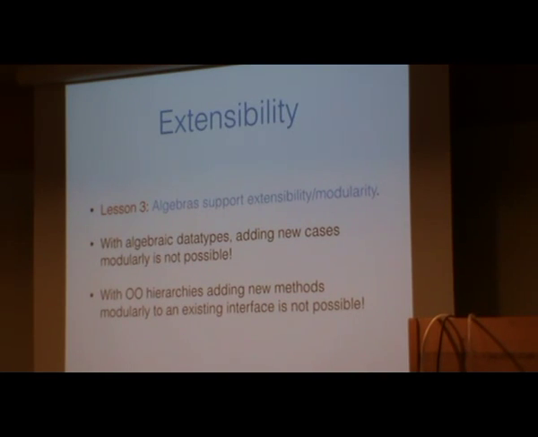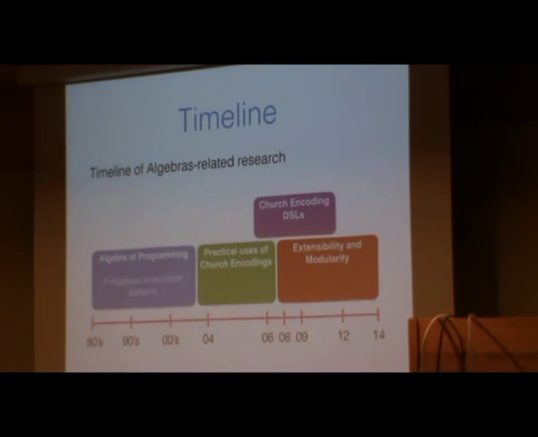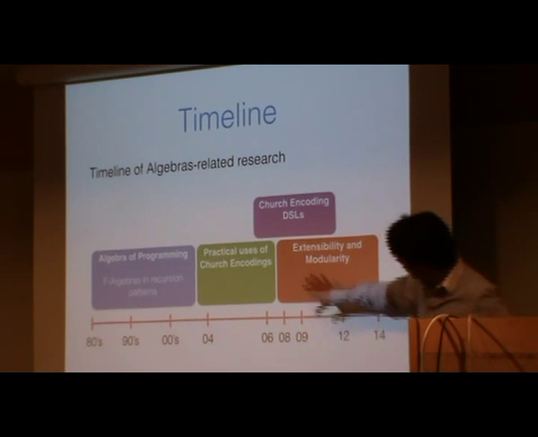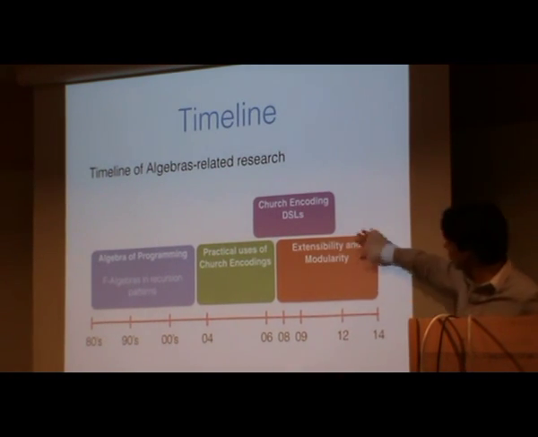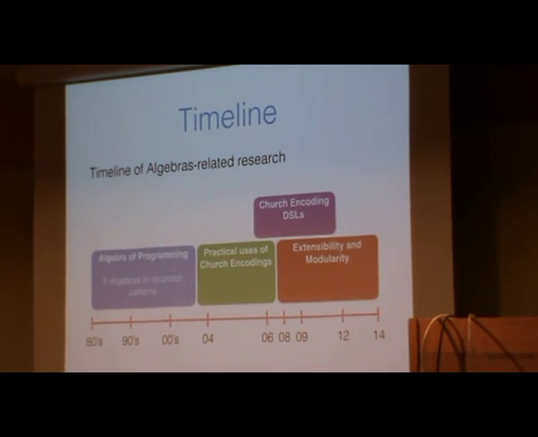So one nice thing about algebras is that they come with some extensibility mechanisms that these other 2 mechanisms do not have. And basically that brings us to today. So today, we already know quite a few solutions.